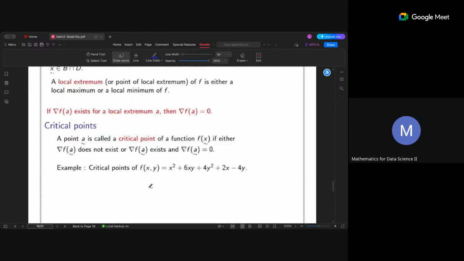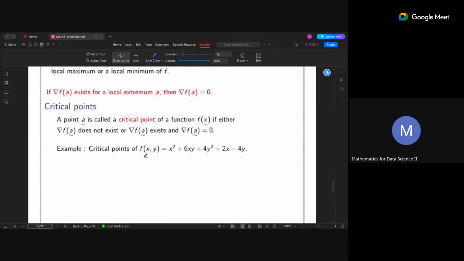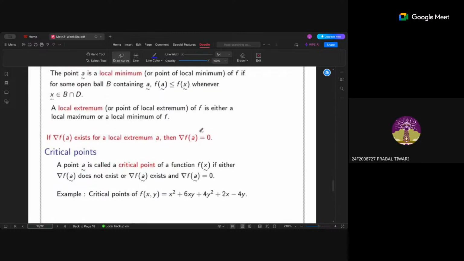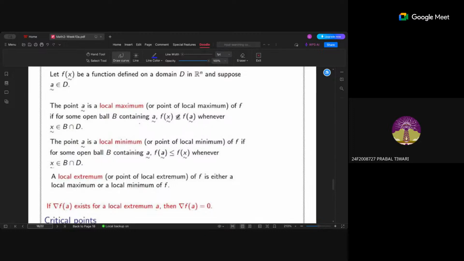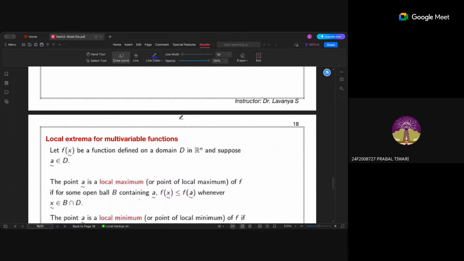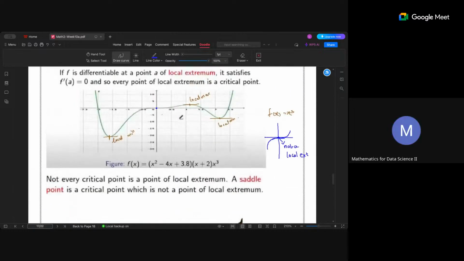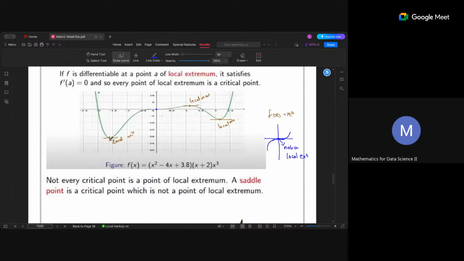Now, can you find the critical points of this function? Wait, why does this equality hold? This one, the local maximum inequality: why is f of x equal to f of a? See, you are just taking some interval. For example, I take this point and consider one interval here.